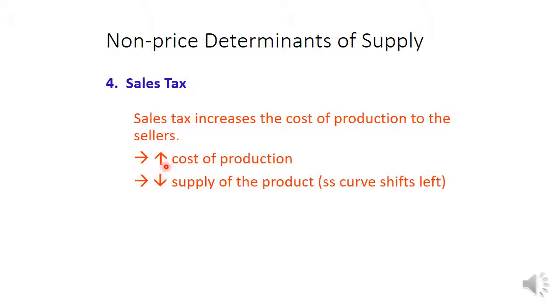It becomes more expensive to produce. The seller cannot afford to sell as much. So as a result of the sales tax, supply of the product will have to fall. That means the supply curve shifts left. So remember, a sales tax increases the cost of production for the sellers, which decreases the supply of the product.